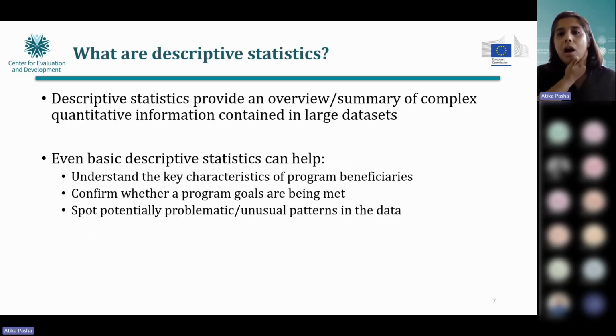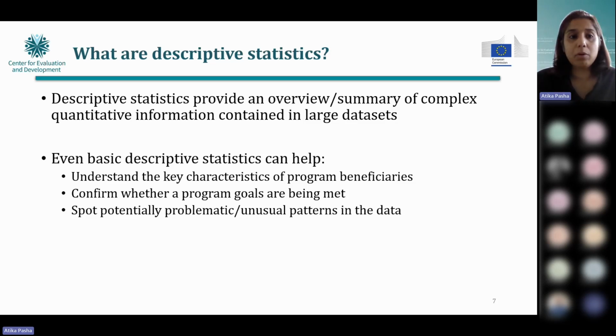Right, so what are descriptive statistics? This is terminology used very often by economists when they say, okay, we need some descriptive statistics. All the papers will include descriptive statistics, or in social sciences, it is the common terminology, and it basically implies an overview or a summary of all of the quantitative information that you have in your data set. These are statistics that can help you understand the key characteristics of the program. Who are you dealing with?